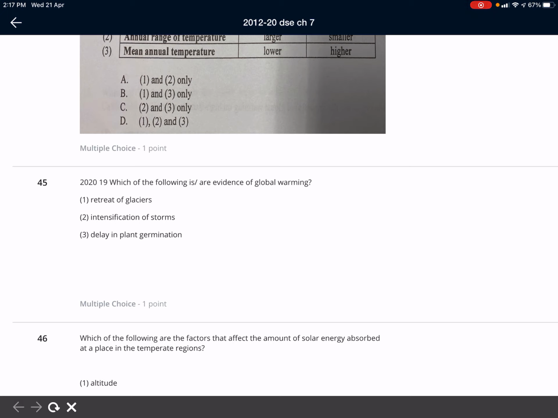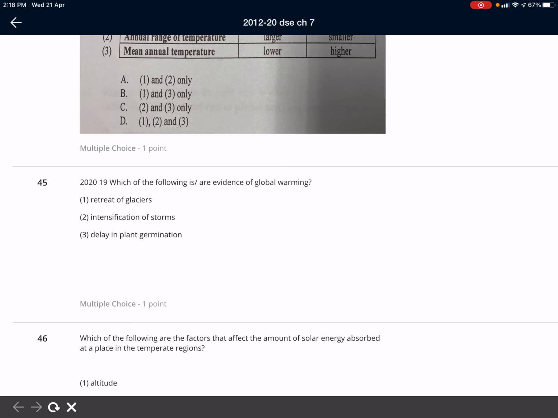Number 3 should be earlier. The plant germination time should be earlier instead of later, because we are getting warmer, and when the plant feels it's quite warm, it can germinate now, developing from seed to a seedling. So number 1 and 2, C.